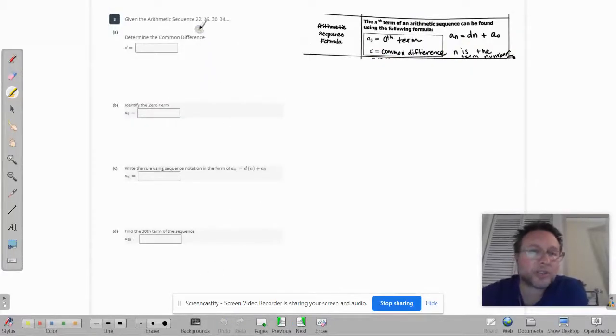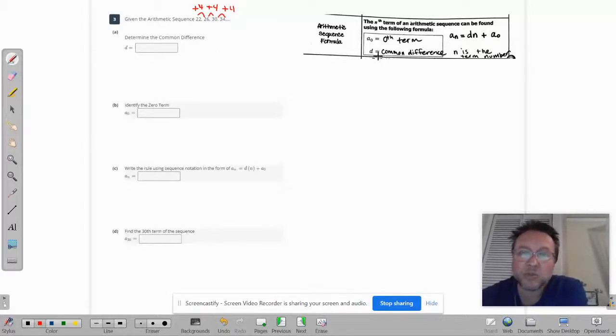Taking a look at number 3, so we are working with an arithmetic sequence, so it is changing by the same amount each time. So the first thing that we want to look at is, well, what is it changing by? Well, if I compare 22, 26, 30, and 34, what's happening there is it's going up by 4 each time. So we would say +4 and then +4. So those are all +4 each time. Our name for that, we call that the common difference.